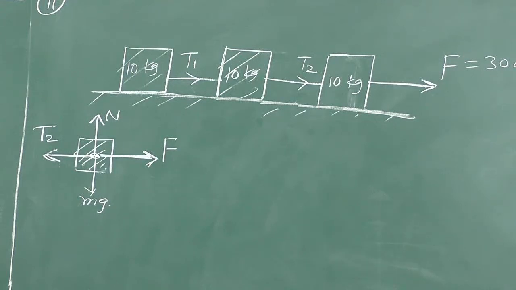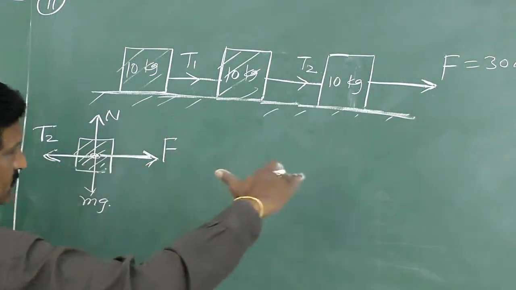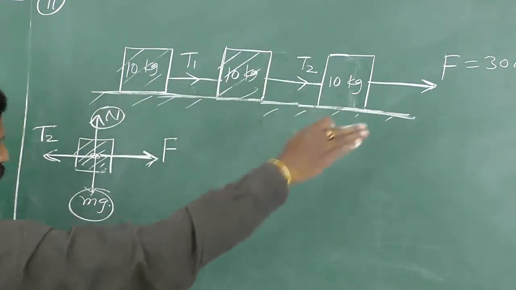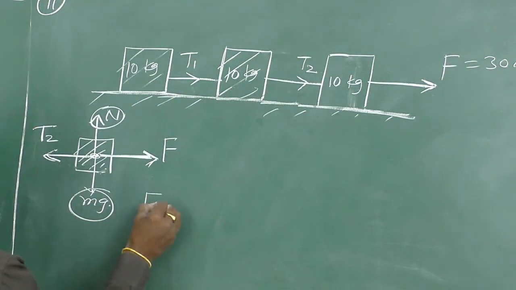because the block is kept on the horizontal surface and moving along the surface like this. Then these two cancel out. Both are equal, upward force and downward force, because the body moves along the surface only. So here this block moves because of the net force. Since it is moving like this, F is more than T2.